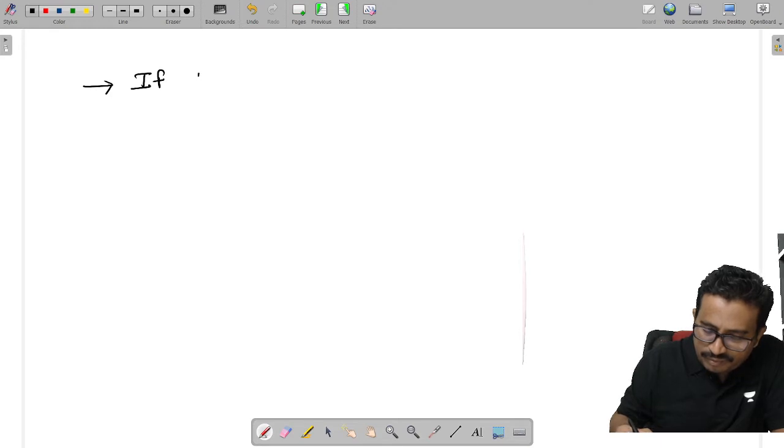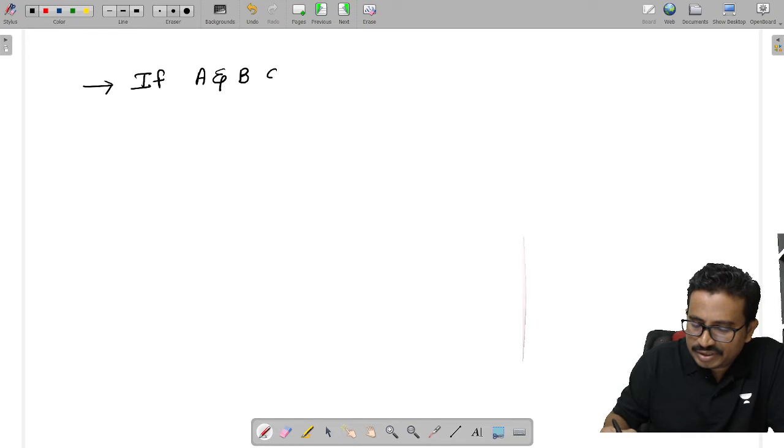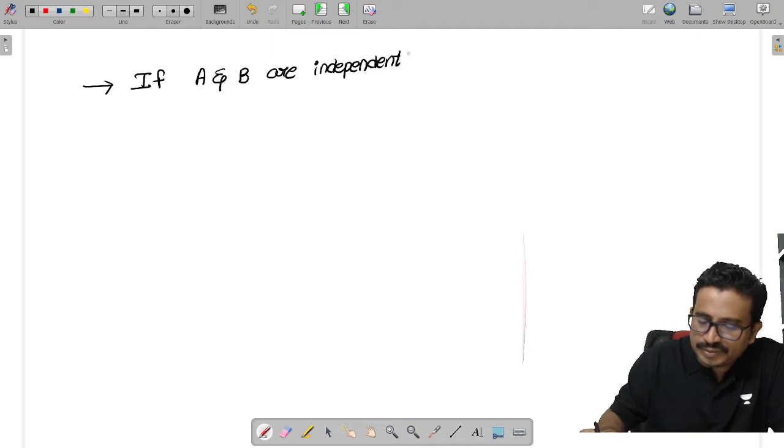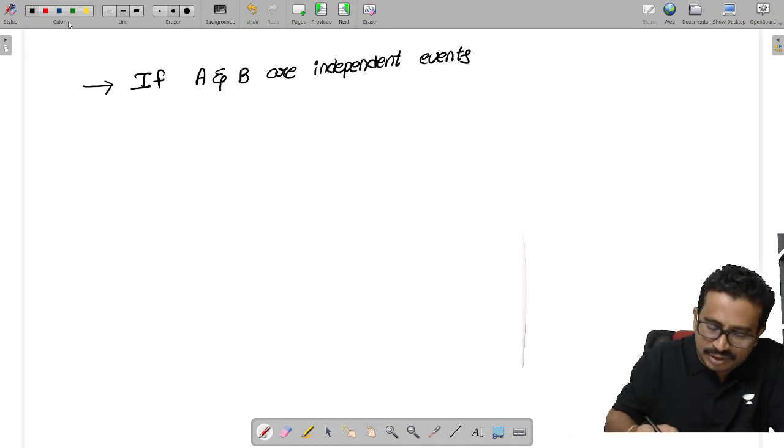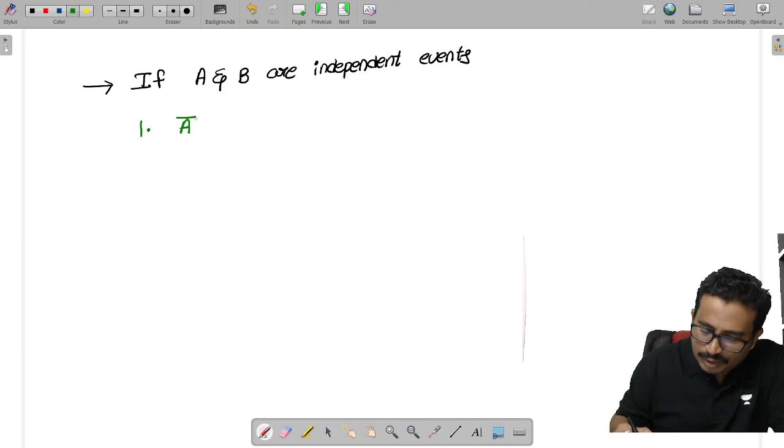If A and B are independent events, what are the conditions? The first most important thing: A bar and B are also independent.